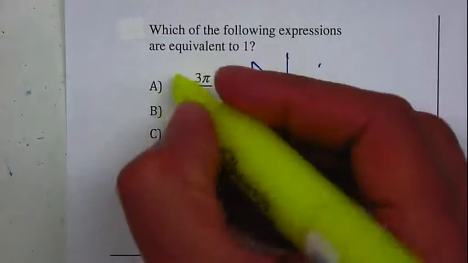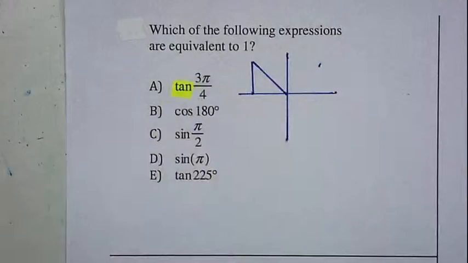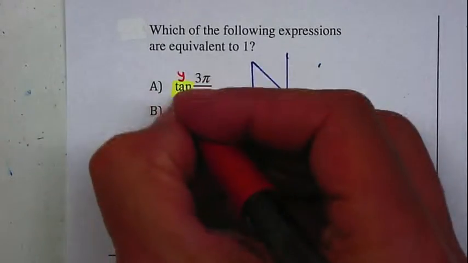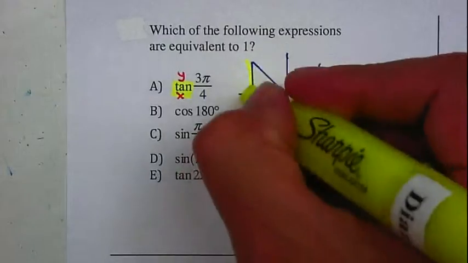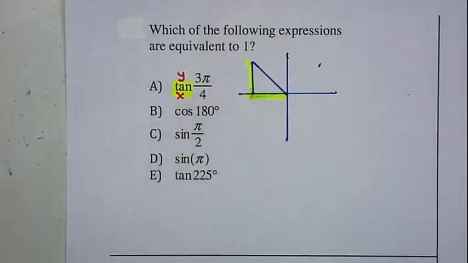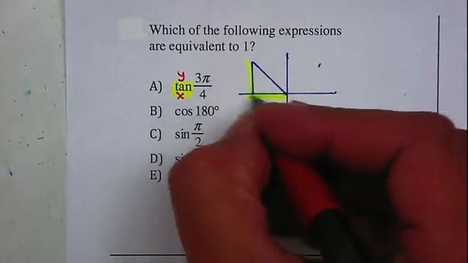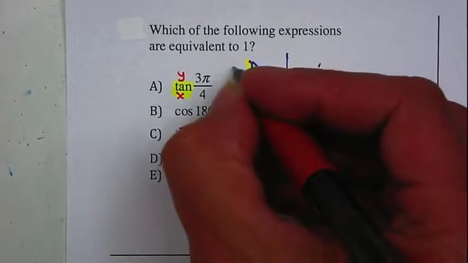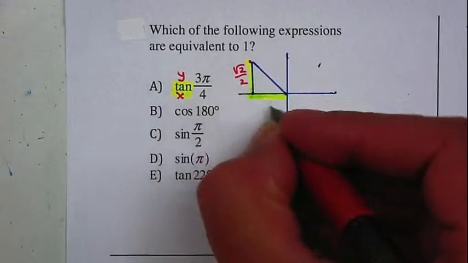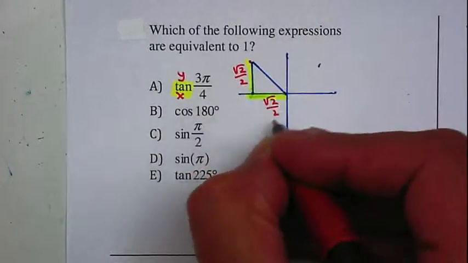Tangent is my y over my x. So therefore, my y value over my x value. My y value and x value, because it's a 45 degree angle, they both are congruent and they both are square root of 2 over 2.